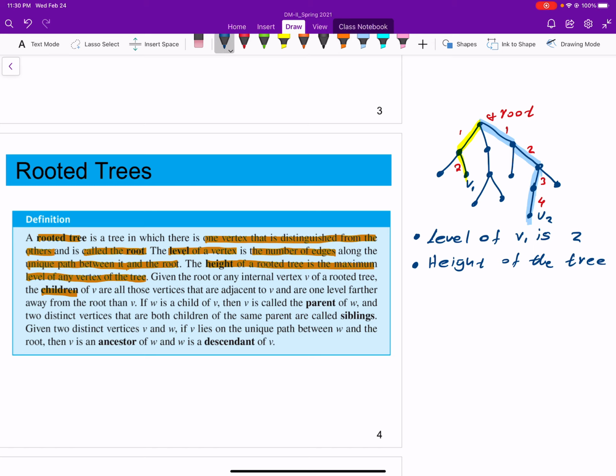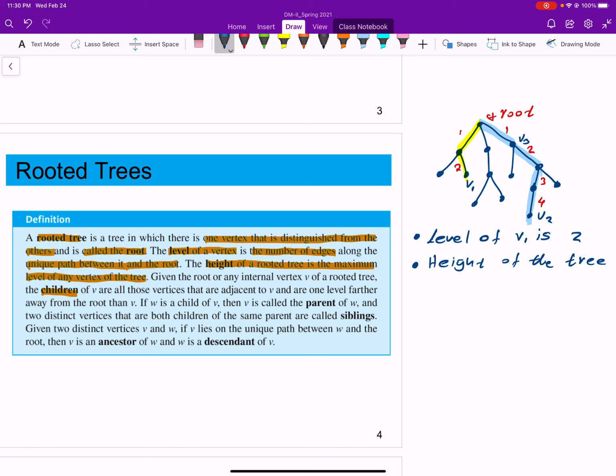Let's say this is the internal vertex that I am interested in, maybe this one, V3. The children of V3 are those vertices that are adjacent to V3 and are one level further away from the root.